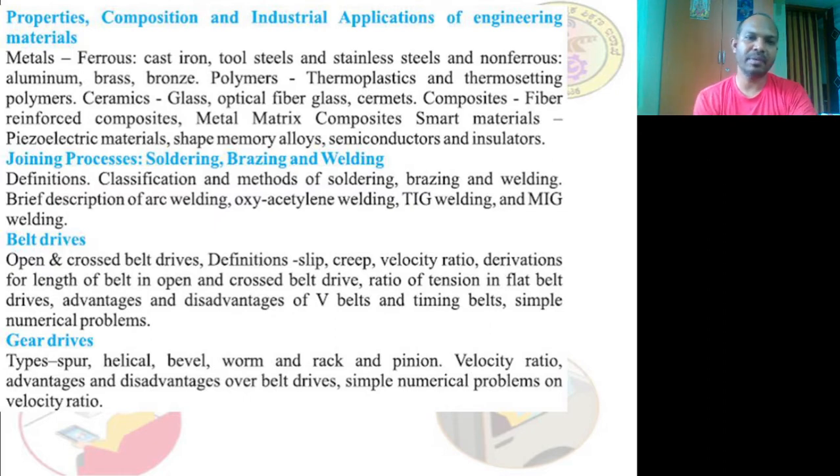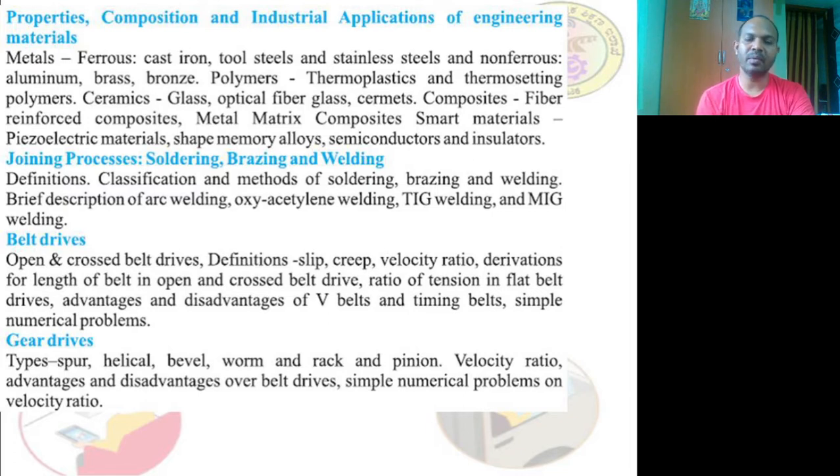Then in the second chapter, we will be talking much about the joining processes, in which there are three different types of joining processes apart from the rivets I'm talking about. They are soldering, brazing, and welding.